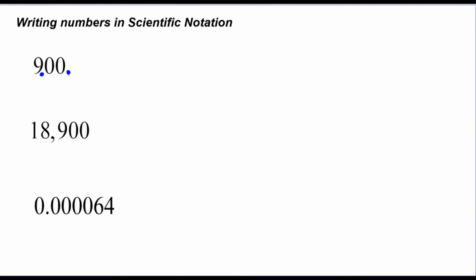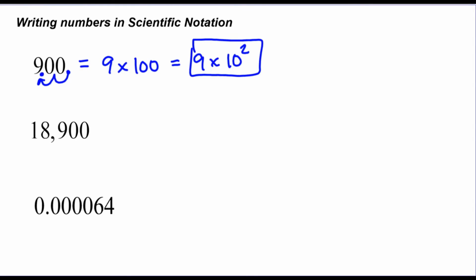And it was here originally. That means it's moving 2 places. So I can think of this as 9 times 100, or 9 times 10 to the second power. Since I moved the decimal 2 places, that's going to tip me off as what my exponent is. 9 times 10 to the second power would be the correct way to write this in scientific notation.